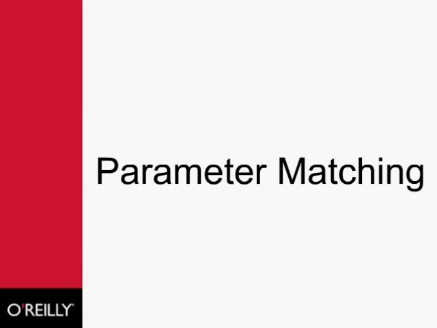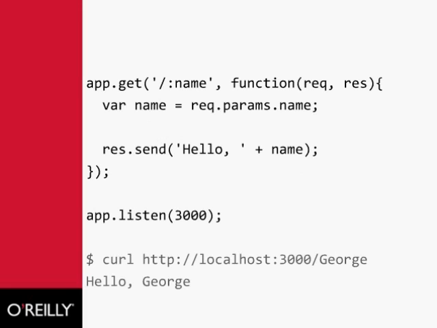Parameter matching. Express has this idea of parameters where basically you can create routes that use parameters separated by forward slashes, just like any other URL path. And you can get at those using the colon notation.